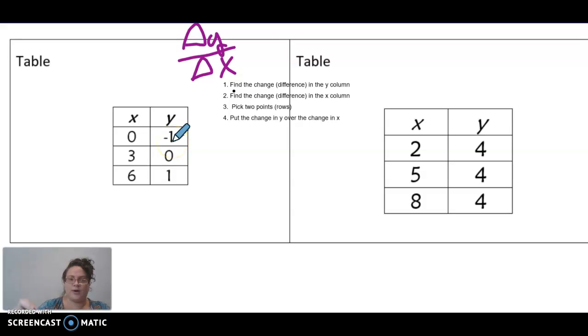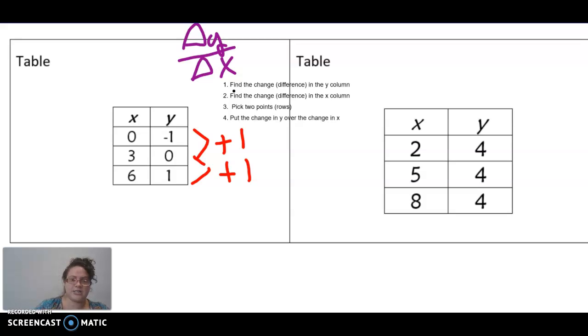Well, 0 minus -1 is +1, so I'm going to put a +1 there. Then we go to the next numbers, 0 to 1. What's the change there? Well, 1 minus 0 is 1, +1. So I'll put +1.